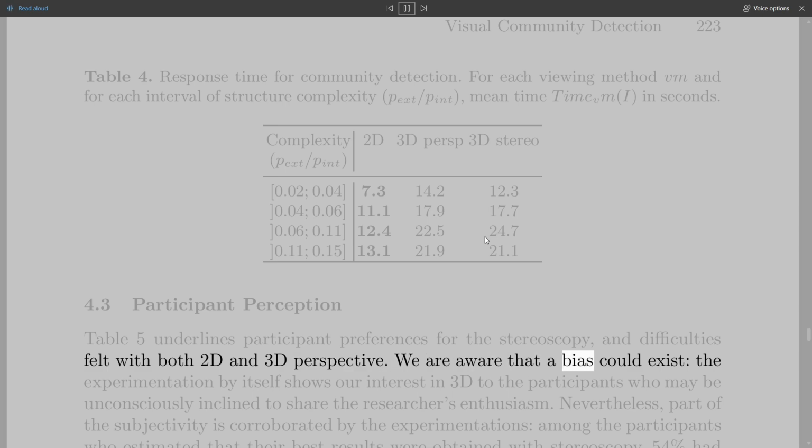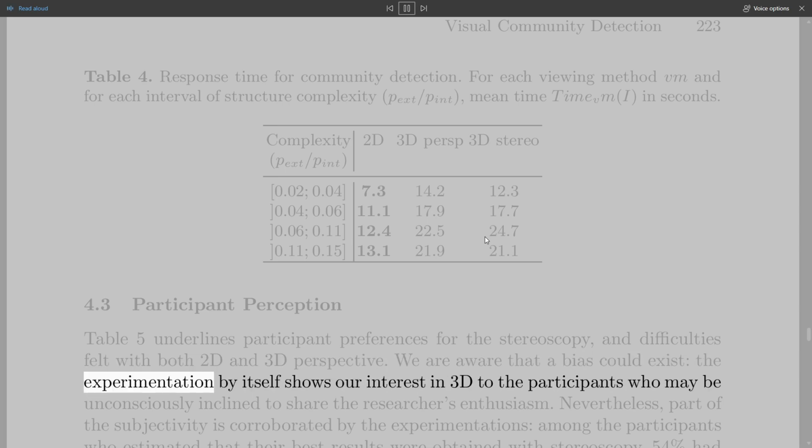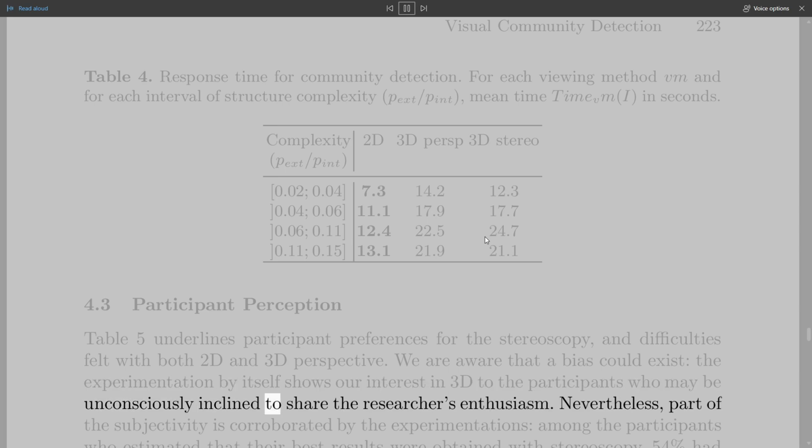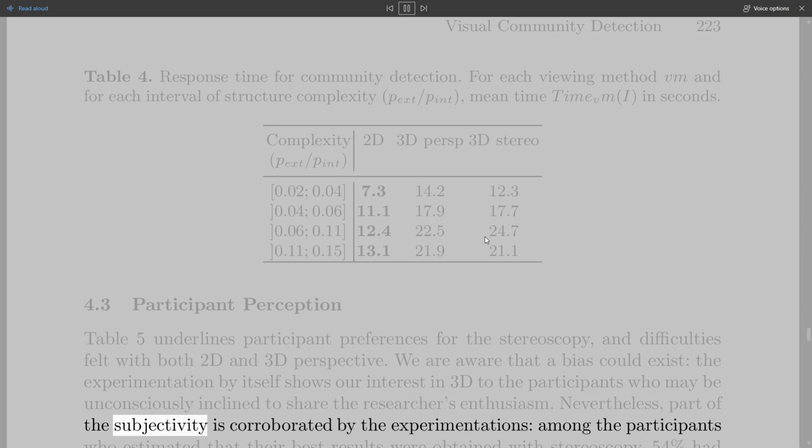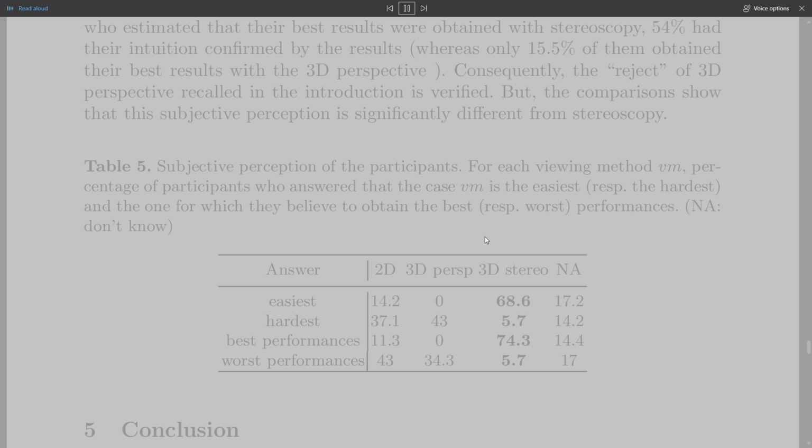We are aware that a bias could exist. The experimentation by itself shows our interest in 3D to the participants who may be unconsciously inclined to share the researchers' enthusiasm. Nevertheless, part of the subjectivity is corroborated by the experimentations among the participants who estimated that their best results were obtained with stereoscopy.